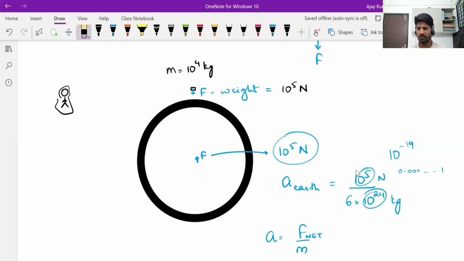There are definitely a lot of objects on the earth, no? So earth will be pulling all those objects. You can consider another block somewhere here being pulled this way, then that block will be pulling earth that way. Some other object here being pulled by the earth this way, then that object will be pulling earth towards itself like this. That way there are infinite number of forces acting on earth in infinite different directions.